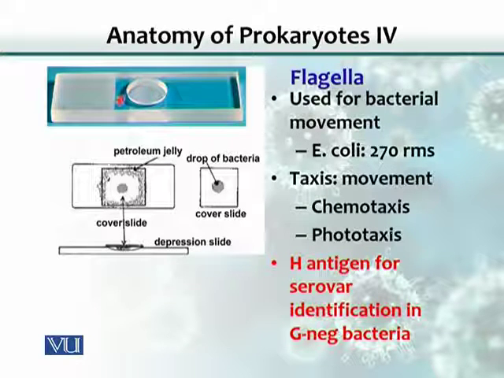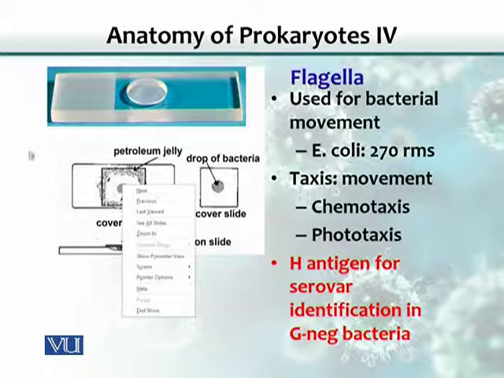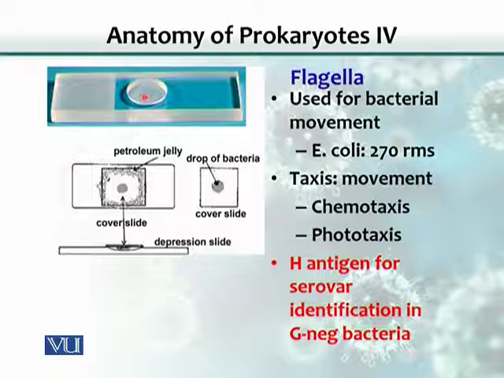What we do is we take a broth culture. A broth culture is a liquid culture of a bacterium. We grow the bacterium for 16 or 18 hours. It is called a fresh culture. Then we take a drop of that fresh culture in a liquid medium and put that drop onto a cover slip, and then that cover slip is inverted onto this cavity.